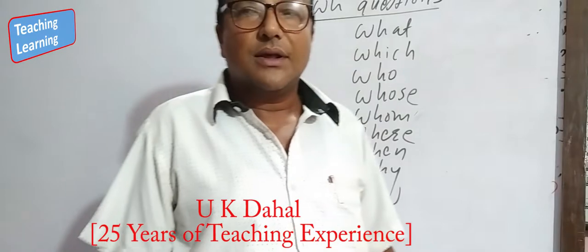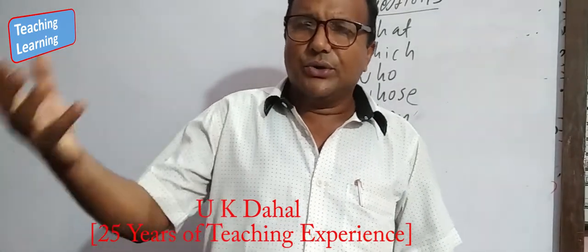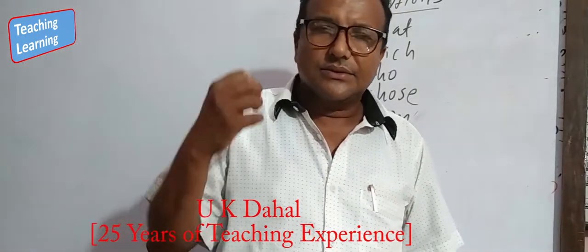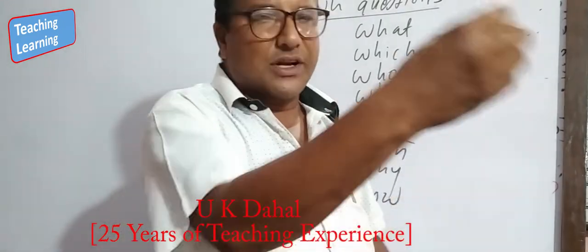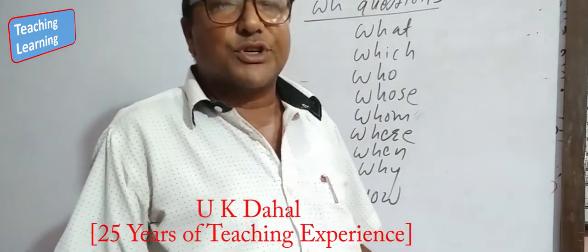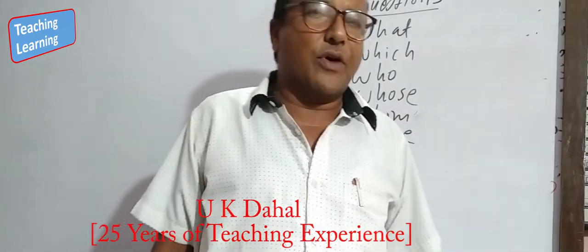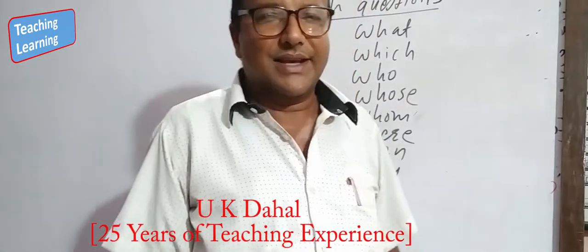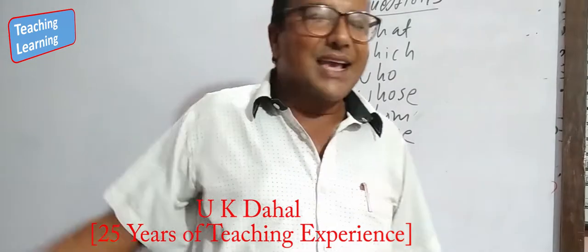Look at here. We can do the conversation well. How old are you? I am 45 years old. Where are you from? I am from England. Where do you stay? I stay in Japan.